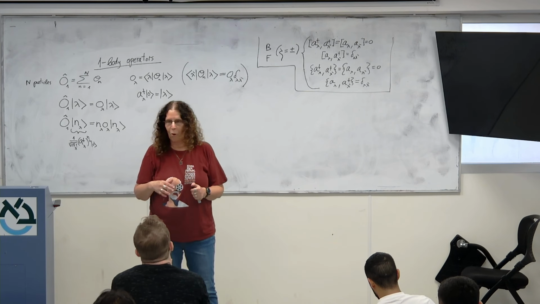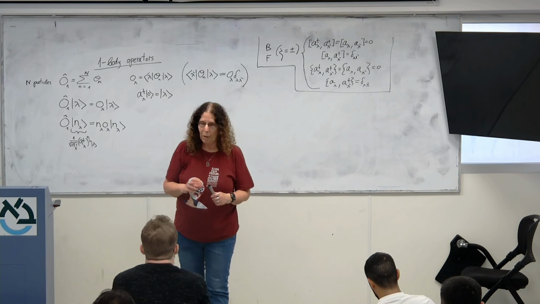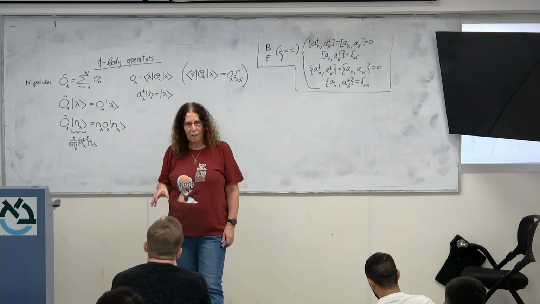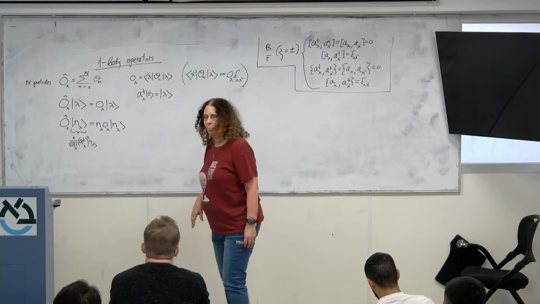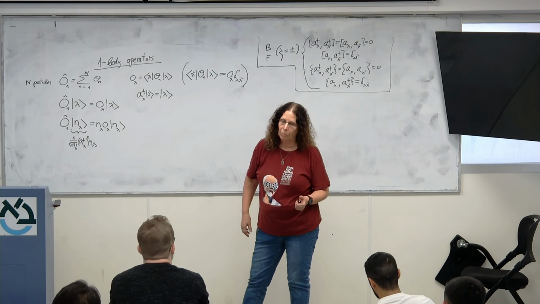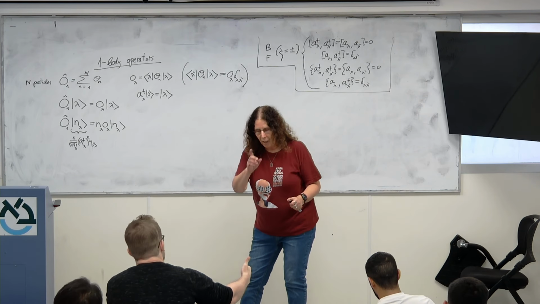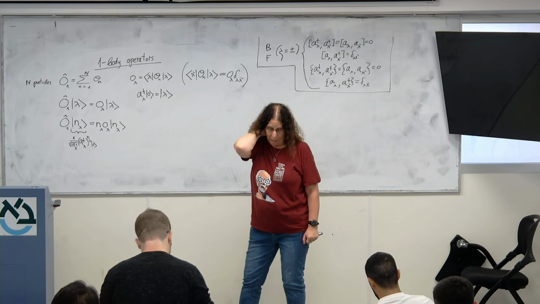But if it's the same quantum number, all particles are identical. If we have multiple states with multiple particles in each state, it will be like a summation. Exactly. That will be the next stage. That's exactly right.